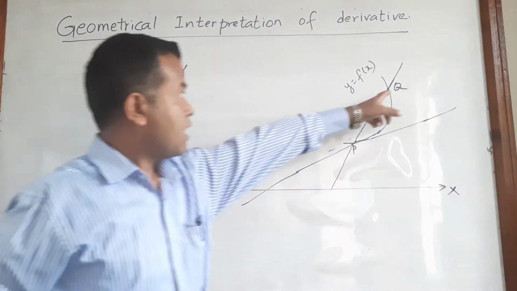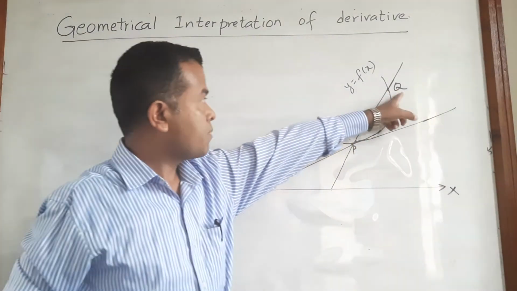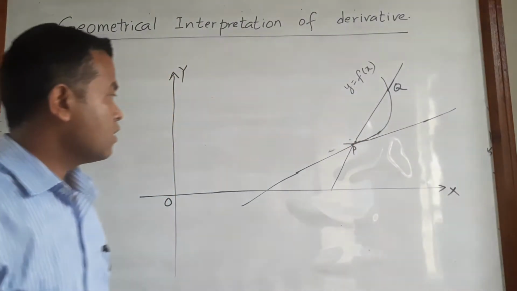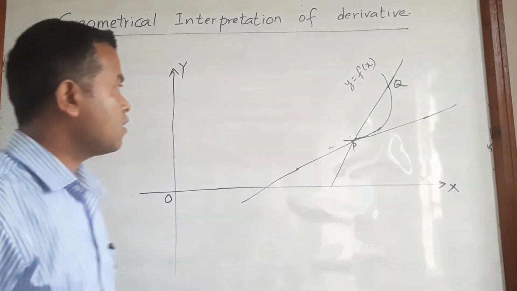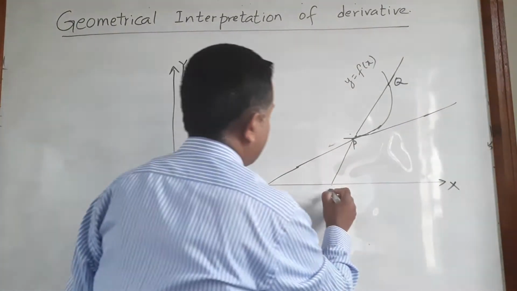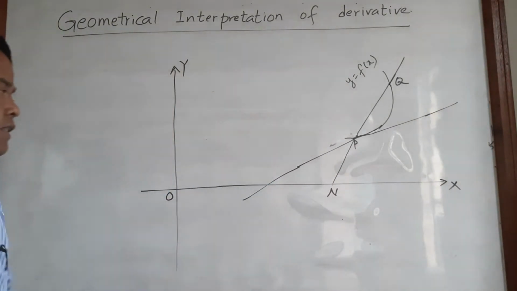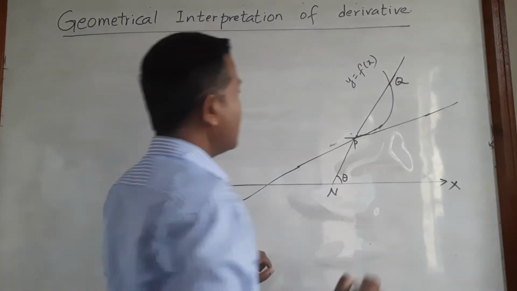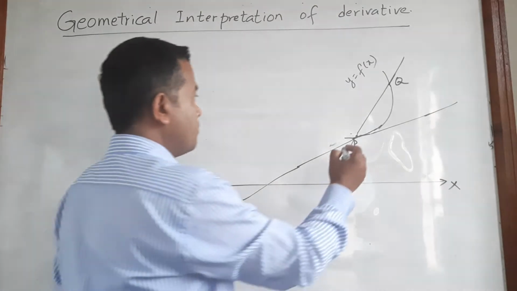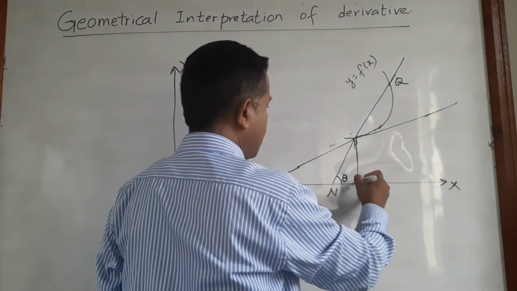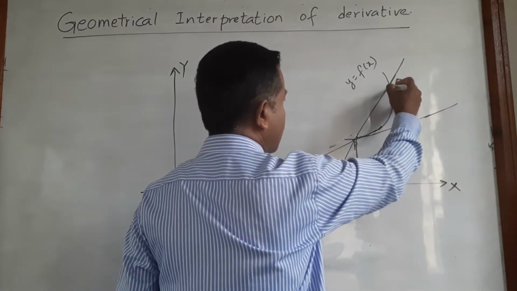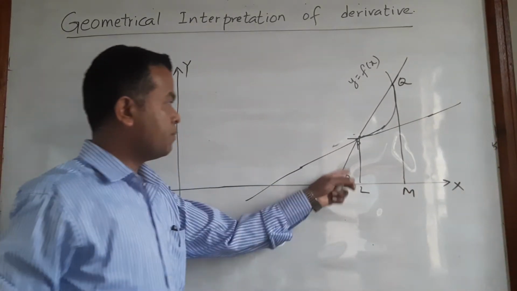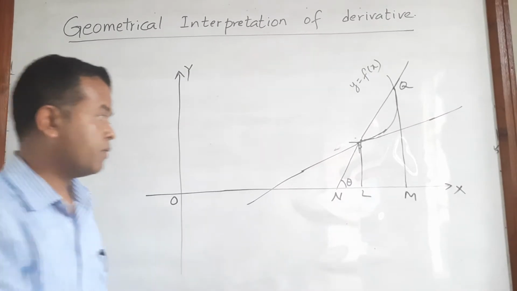So when Q approaches P and ultimately coincides with P, the secant PQ becomes the tangent at the point P. Let this angle be theta, and from P and Q let us draw PL and QM perpendicular to the x-axis.